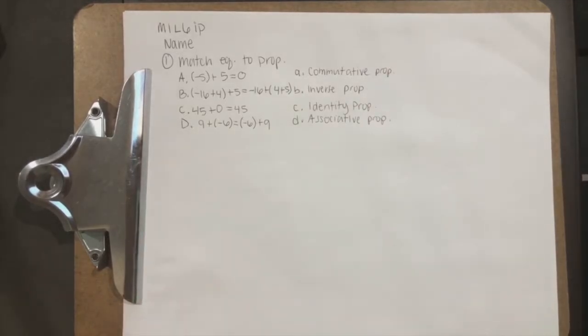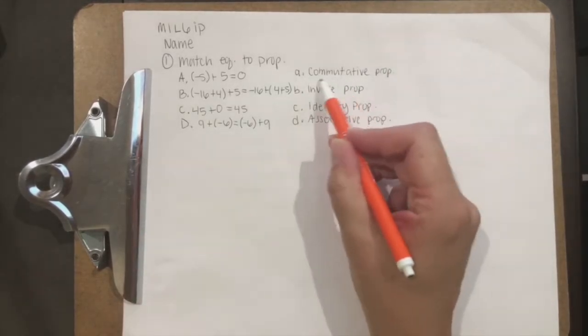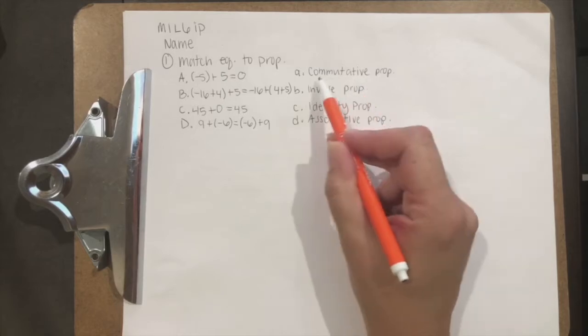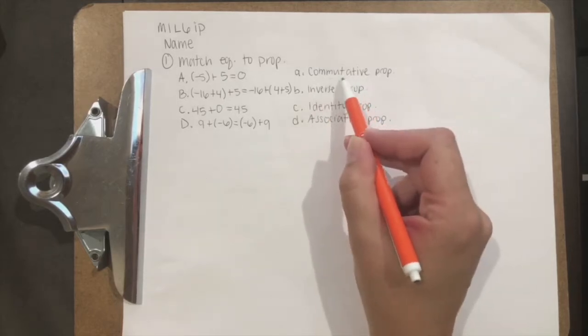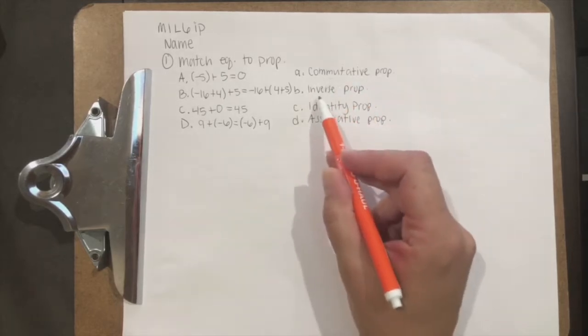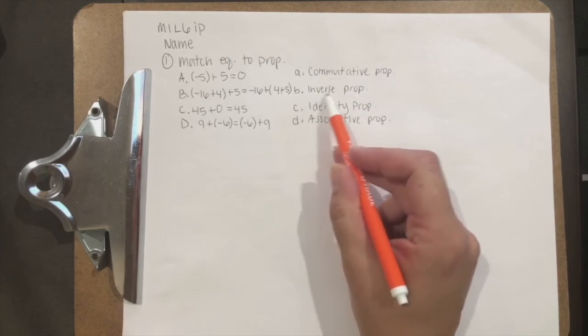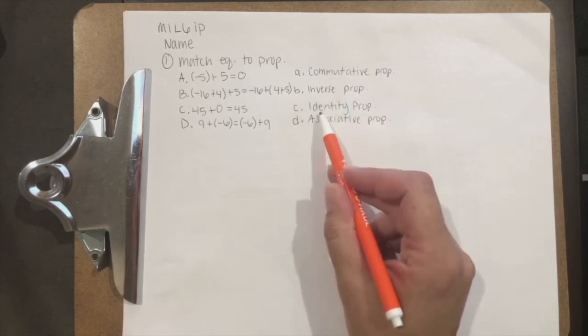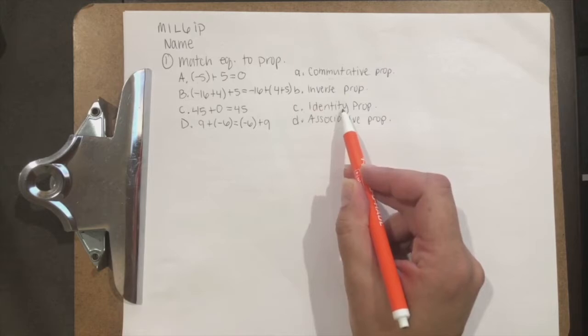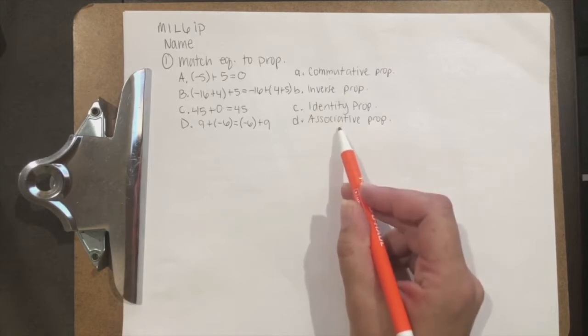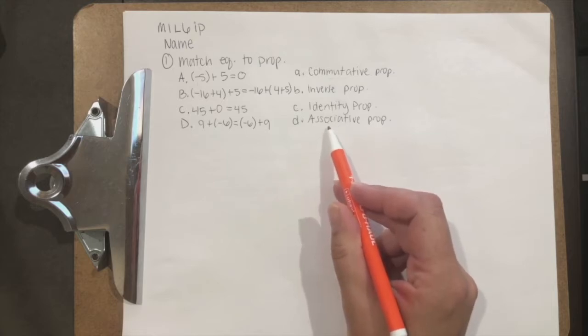Okay, so I know commutative means kind of like to commute or to walk or move. I know inverse means that they're going to be canceling each other out. I know identity means that it stays itself, it doesn't get changed. And then I know associative means that it's kind of like associating in different groups. So let's match those up.